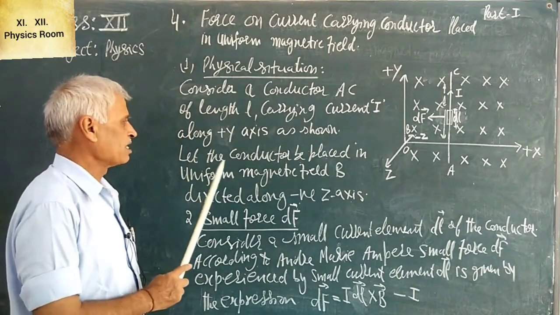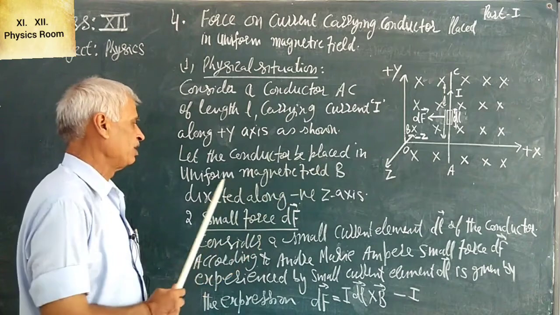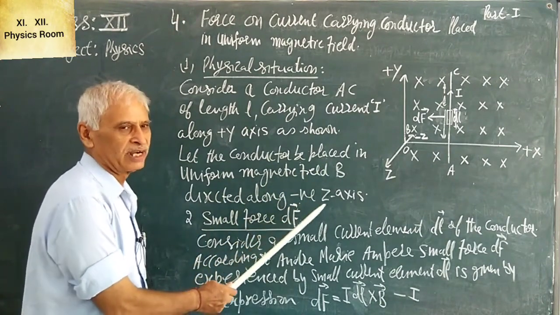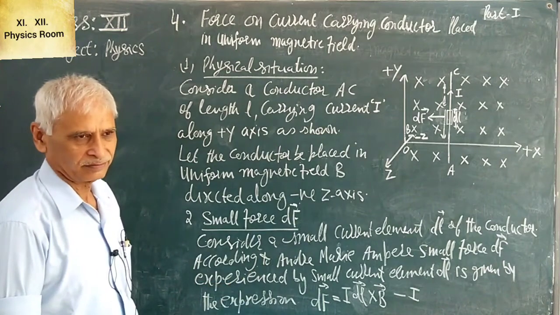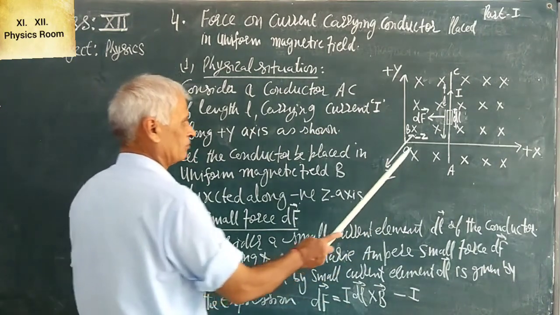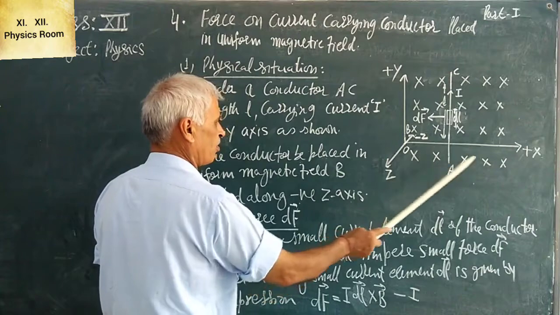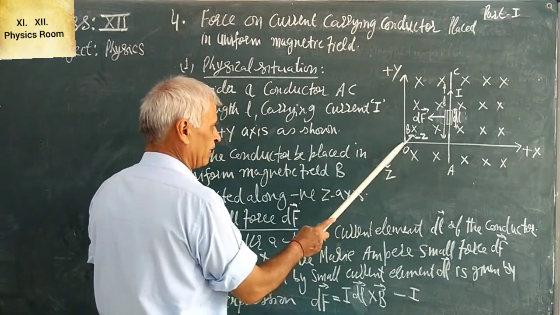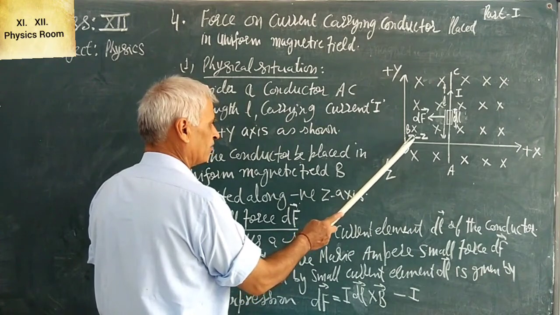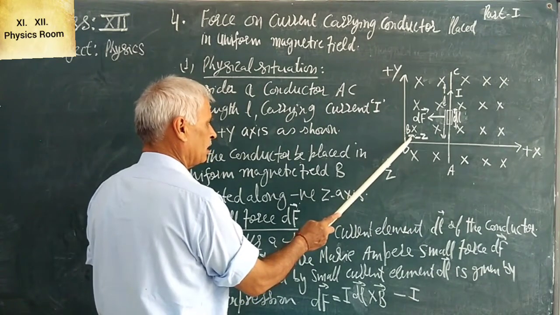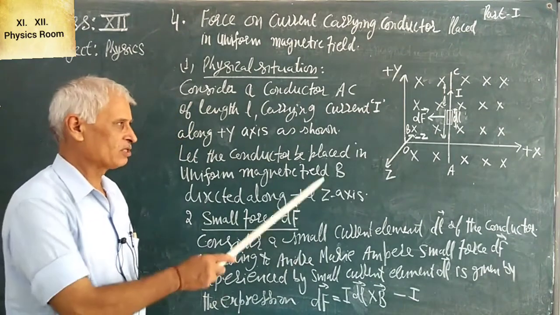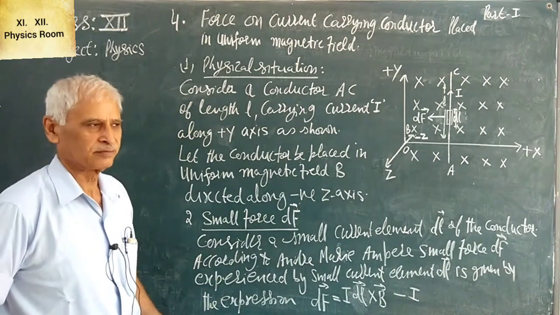Now let the conductor be placed in a uniform magnetic field B directed along the negative z-axis. This cross shows the uniform magnetic field directed inward. Inward means along the negative z-axis. So this is the situation we are to work on.